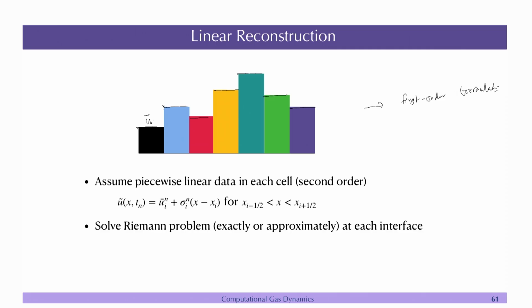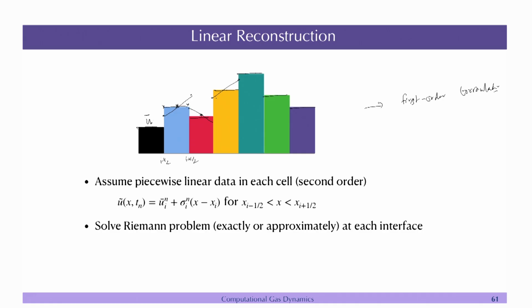But between the boundaries, let us say this is my I minus half and I plus half, you may have a linear variation like this. This is your cell center, and this is the variation that we have, or you may have it here like this or here. If you assume a linear variation, it may give you the higher order.